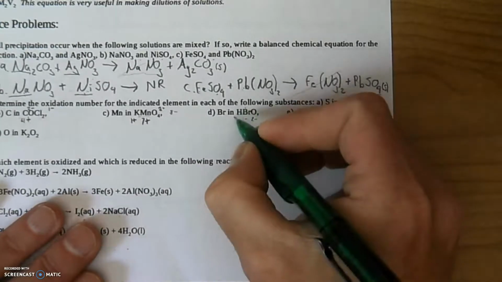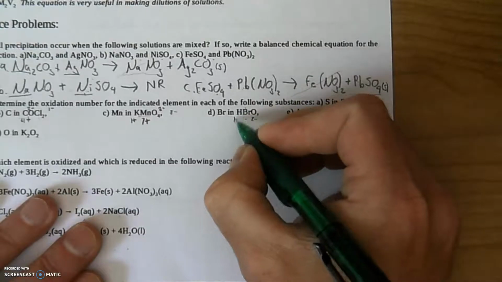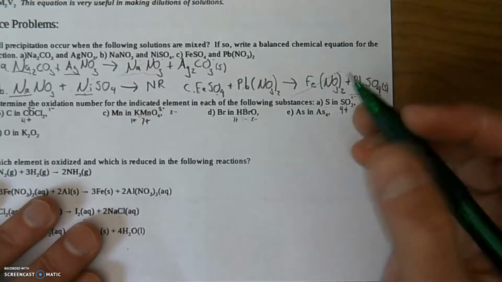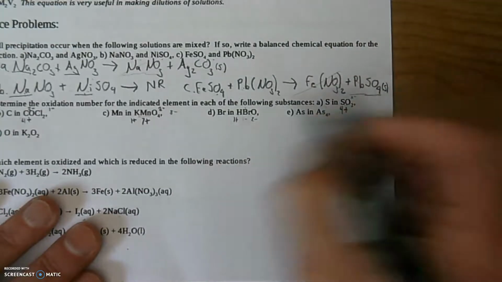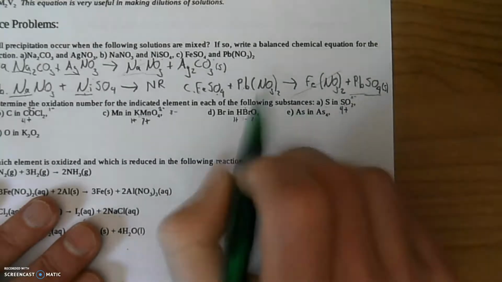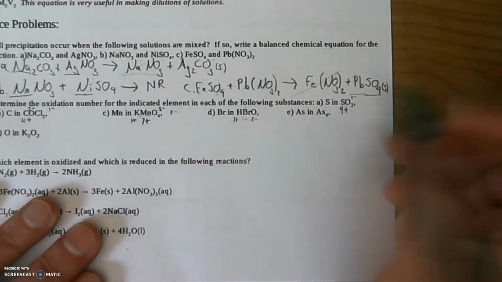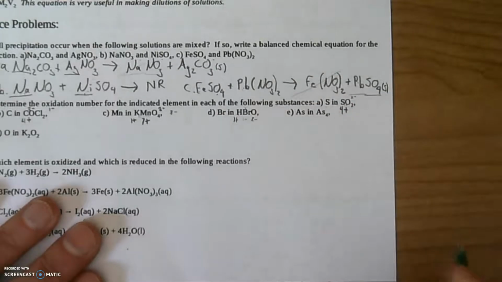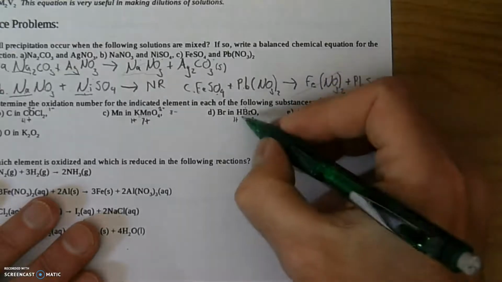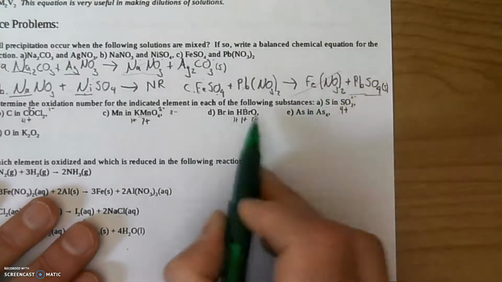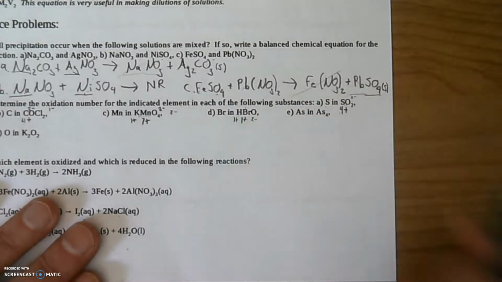Hydrogen generally is going to be 1+. Generally going to be 1+. There's only 1 or 2 exceptions, which we'll talk about some other time. Bromine has to make up the difference. So this is kind of an unusual, interesting example. Oxygen is very electronegative, which is a bigger conversation we'll get into. It happens to be here, so we're doing it. Bromine in this particular example is going to be 1+ because of the oxygen and the hydrogen.